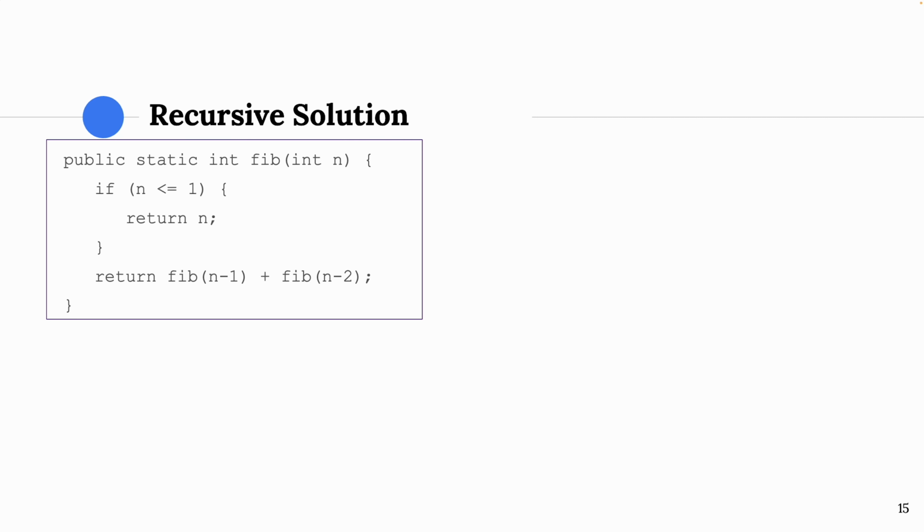If not, we're going to recursively make a call to fib of n-1 and fib of n-2. Technically, for n-1, this subproblem is 1 unit smaller than the original one. For fib of n-2, this subproblem is 2 units smaller than the original problem that we're dealing with here.